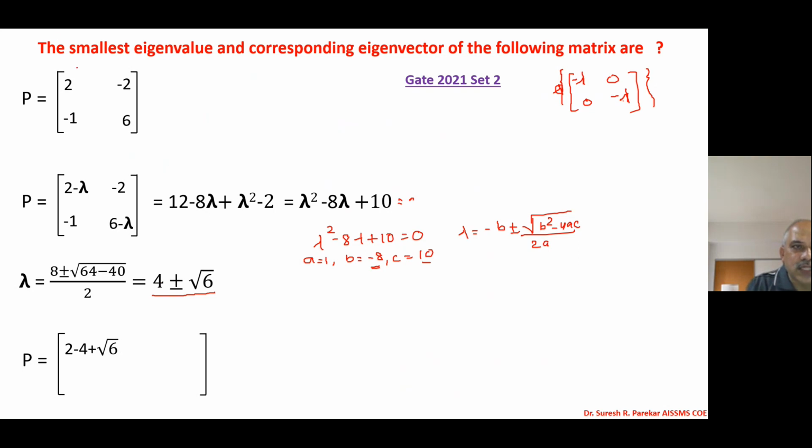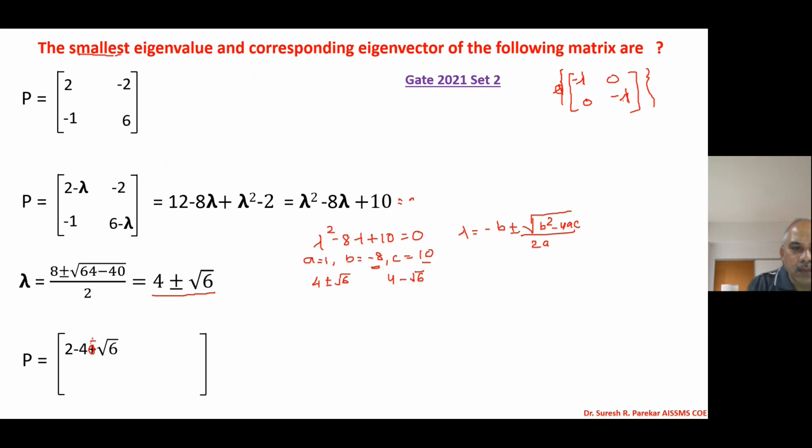So we have the smallest value. We get one value, 4 plus minus root 6, and the lowest is 4 minus root 6. So 4 minus root 6, and with the minus sign we have minus lambda.